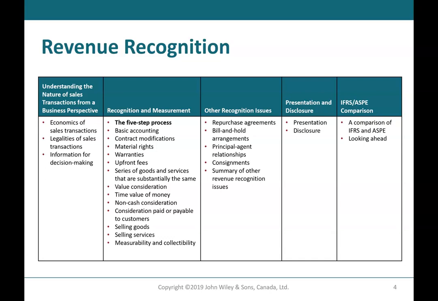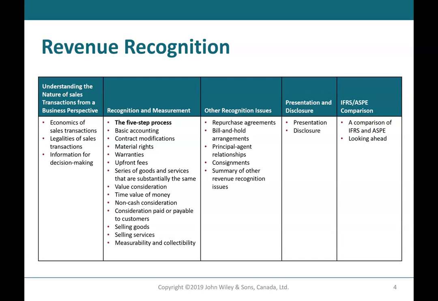Recognition and measurement, the 5-step process: basic accounting, contract modifications, material rights, warranties, upfront fees, series of goods and services that are substantially the same, variable consideration, time value of money, non-cash consideration, consideration paid or payable to customers, selling goods, selling services, measurability, and collectability.